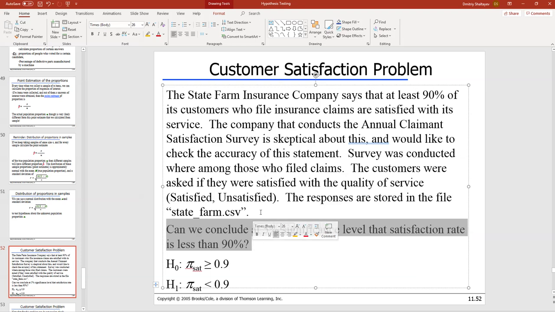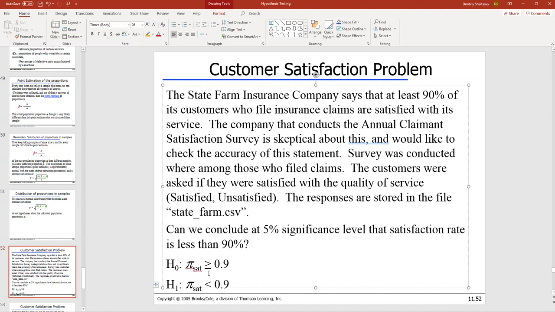And therefore, it becomes, plain and simple, my alternative hypothesis, right? Again, when you read the problem, always look for the challenging statement, what it is that we're trying to investigate. This will become your alternative hypothesis. So in our case, we're trying to find out if the proportion of customers who said they're satisfied is not quite as high, not quite 90%, it's less than 90.